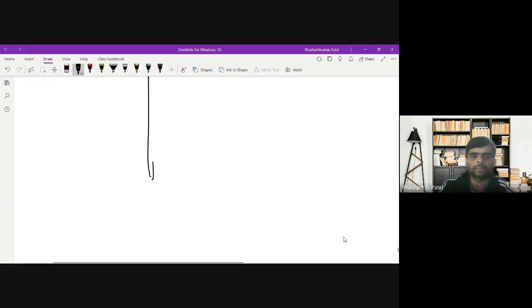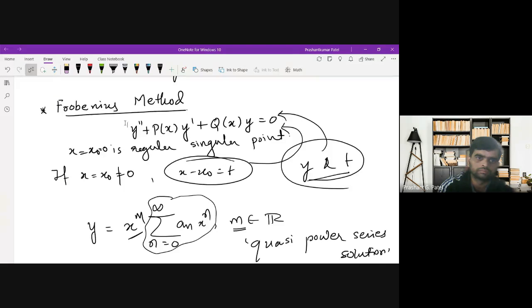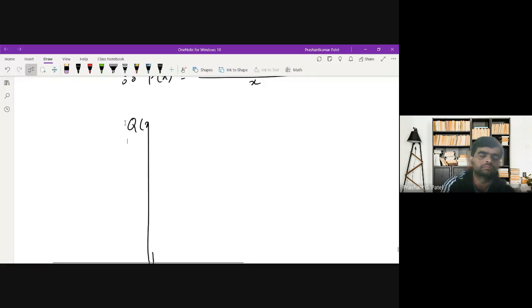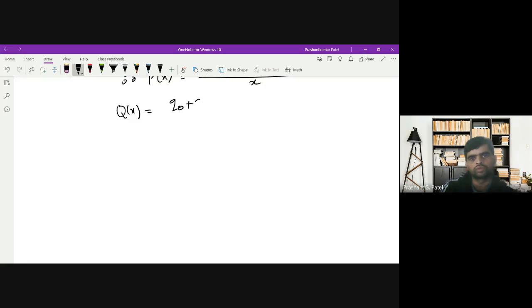What is q of x? It is q0 plus q1x plus q2x square and so on, upon x square.